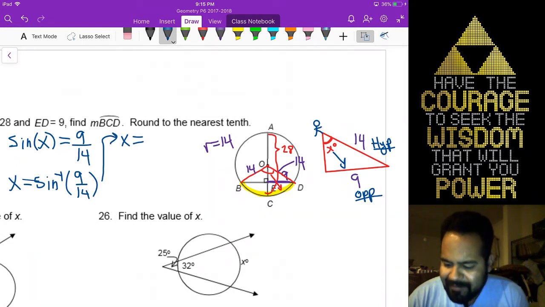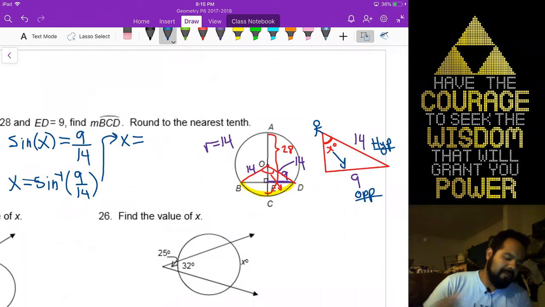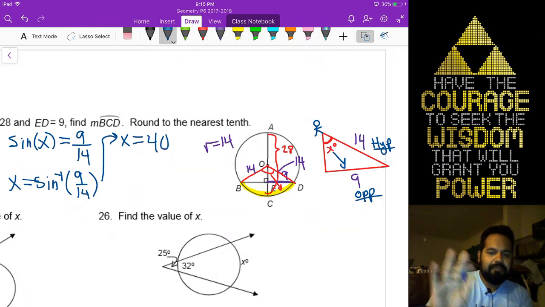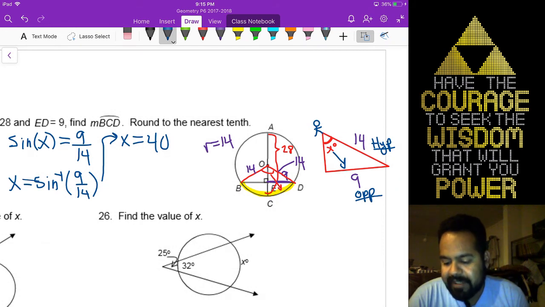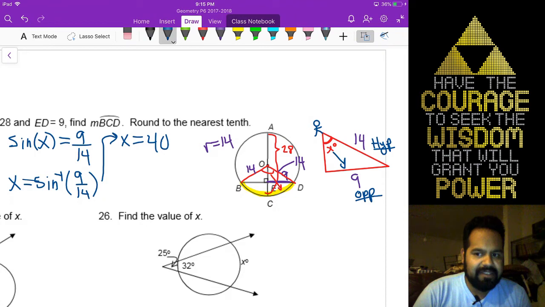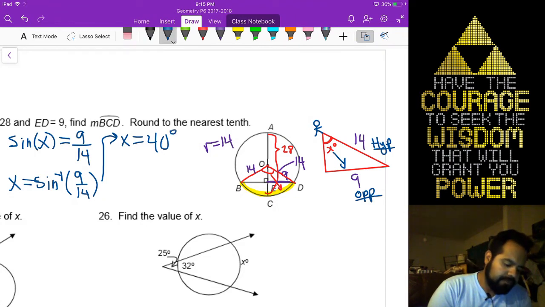Riley, my girl. Cool. So I got 40, but wait a second. That was the measure of part of your angle. Also, for the record, it's 40.00, so I don't think the rounding is going to affect us here. But I need to double my angle, because remember, we were trying to find that entire angle, not just the 1/2 of it.